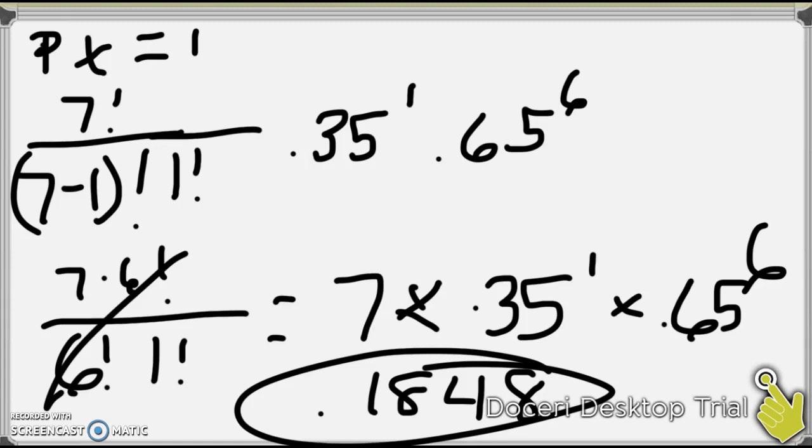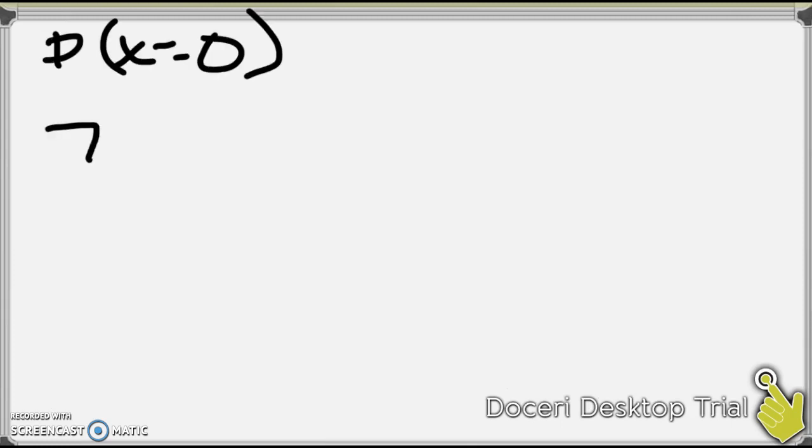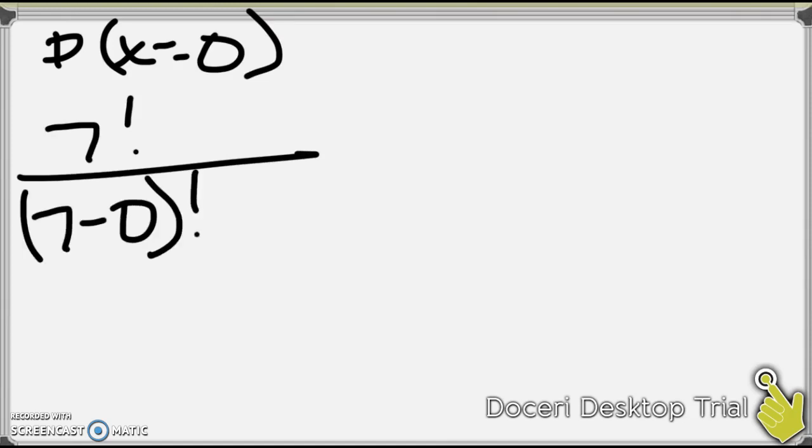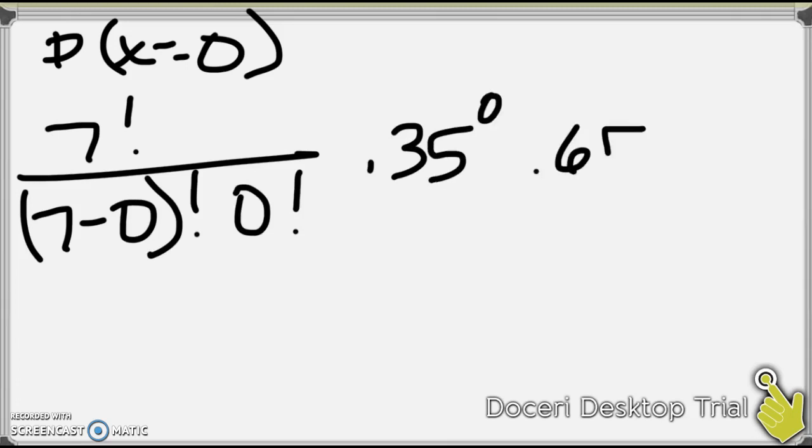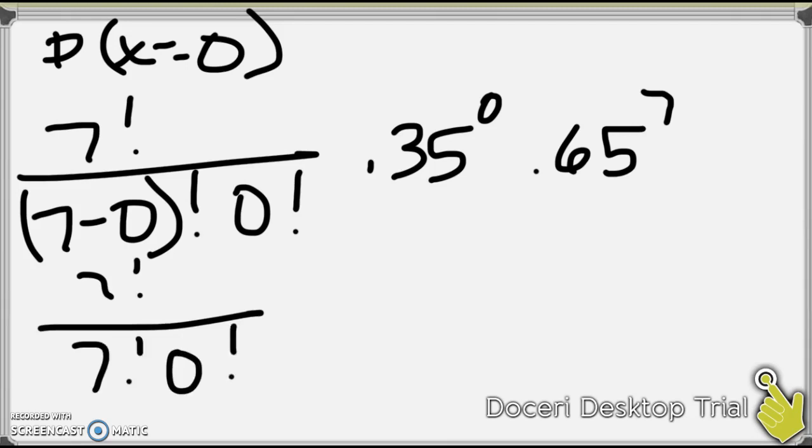So I've done the probability of 2, the probability of 1. Now I'm going to erase and do the probability that x equals 0. So we're going to still have 7 on the top, 7 minus 0 factorial, and then 0 factorial, and 0.35 to the 0 and 0.65 to the 7th. What that means is 7 factorial over 7 factorial and 0 factorial would be 1.